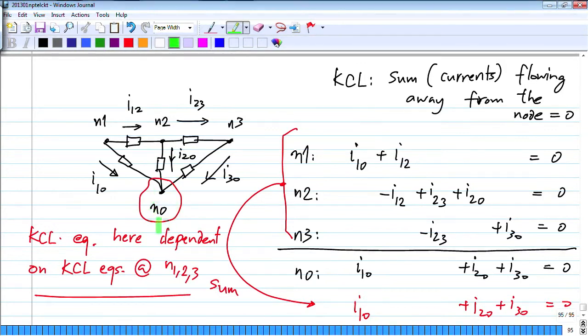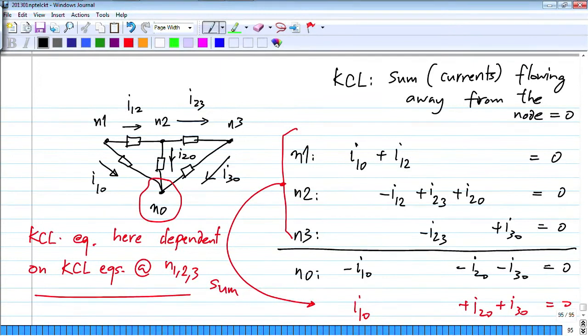By this notation, at n0, the currents flowing away are minus I10, minus I20 and minus I30. So this last one should have been minus I10, minus I20 and minus I30. The equation I had written was correct, but the only thing was that the signs were reversed. Okay, but that doesn't change the fact that it is dependent on all the others.